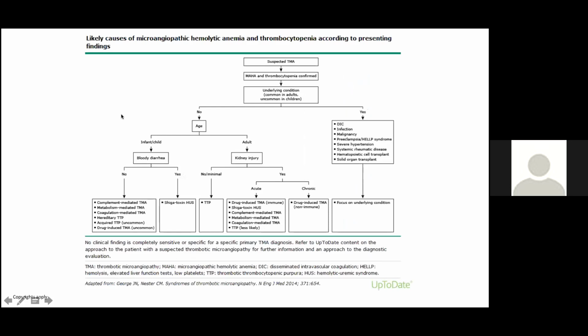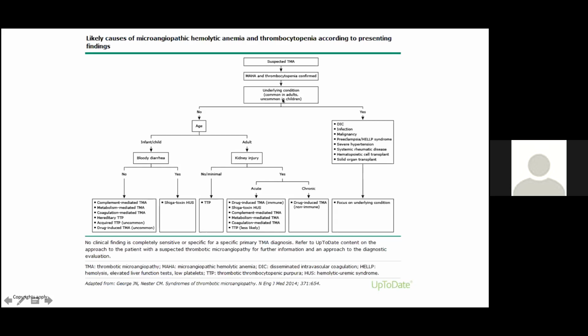Right. This is a summary of the approach. I'm sorry, I don't know if you can read it. So you have a patient in whom you suspect thrombotic microangiopathy, and the thrombocytopenia and MAHA is confirmed. And you look for underlying conditions, which are common in adults and uncommon in children.